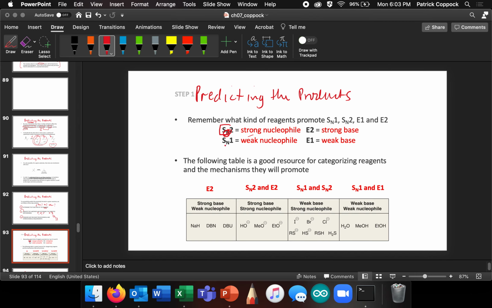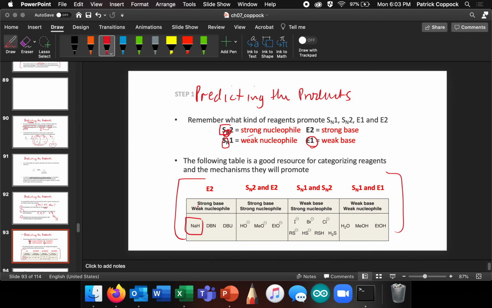A weak nucleophile prefers SN1, a nucleophilic substitution that's unimolecular, and a weak base prefers E1. Okay, so this is something you should probably memorize. It will make more sense to you as time goes on, but for now, I think that would be a good thing to memorize.